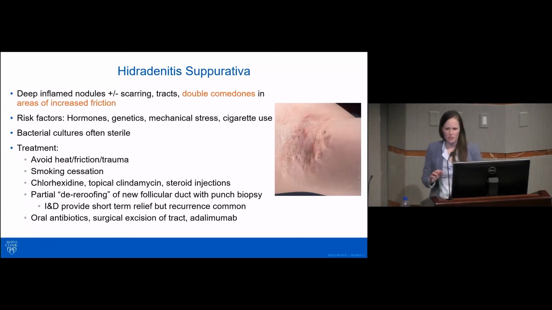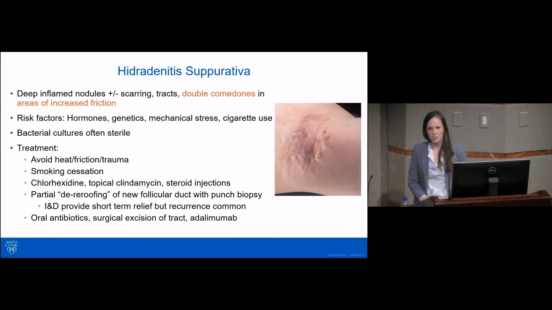And really, the treatment is trying to decrease inflammation, and that can be local inflammation from heat, friction, and trauma, or it can be more systemic inflammation from things like autoimmune disease, diabetes, obesity. Outside of that, you can treat acute flares with steroid injections or a punch biopsy of the inflamed follicular unit.